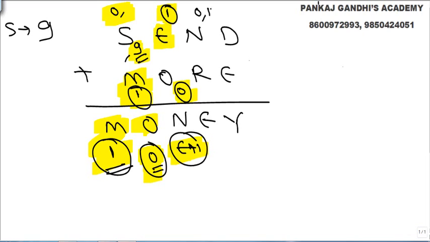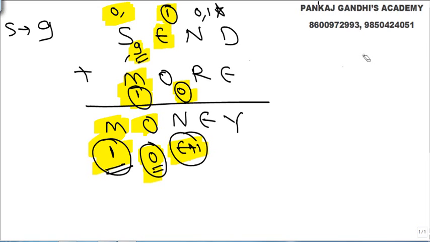What we know here is, from D plus E, carry forward can be 0 or 1. I'll call it star. N plus R plus carry forward, this carry forward can be 0 or 1, is equal to E plus 10.